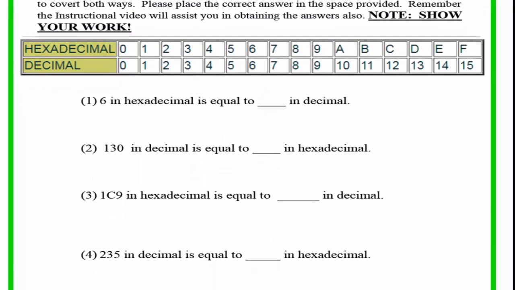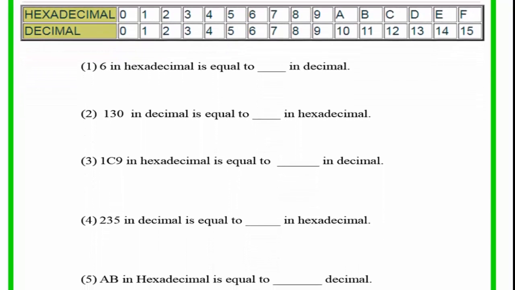And you'll notice that what we've provided for you is this little table illustrating hexadecimal and decimal. Okay, well the first question is 6 in hexadecimal is equal to what in decimal? Now, if you look carefully, this is a pretty easy one. So the answer is 6.